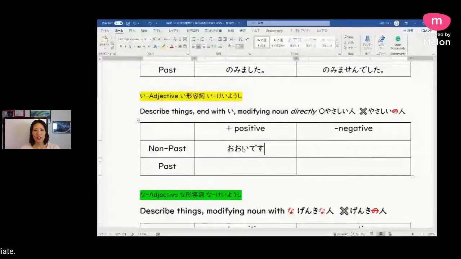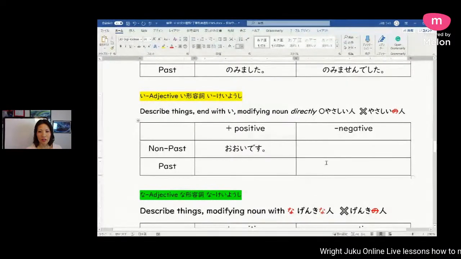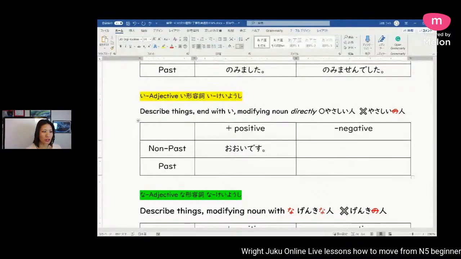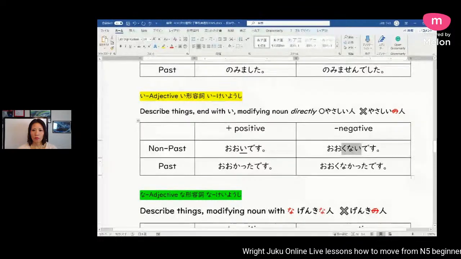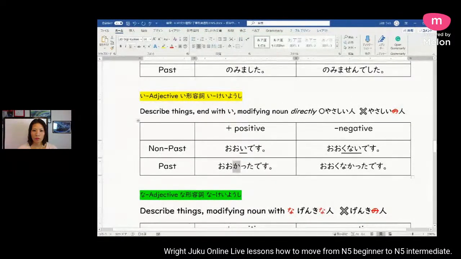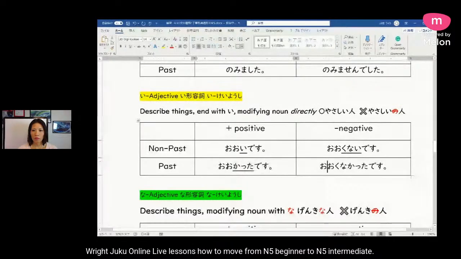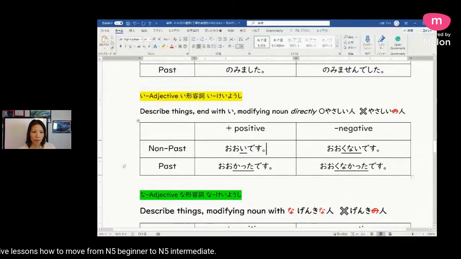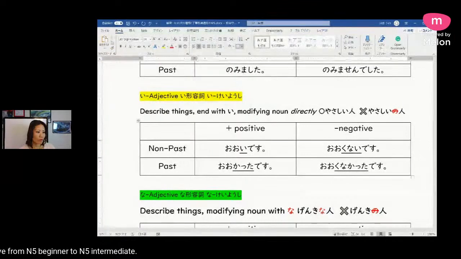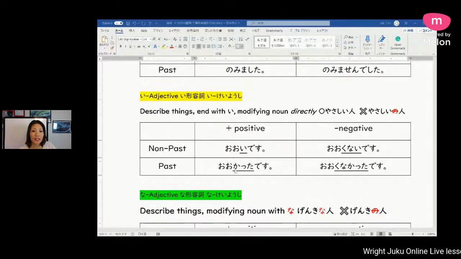So, 多いです。Can you finish those three here? I'll give you some time to write. Alright, so for the い adjective, 多いです。多かったです for the past.